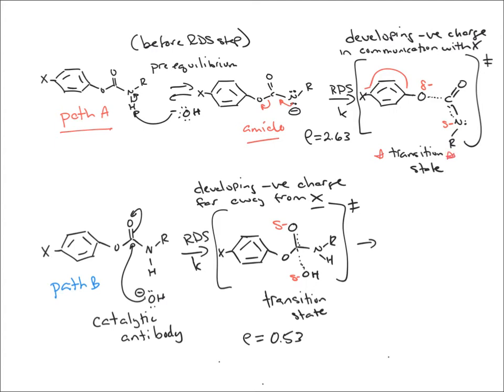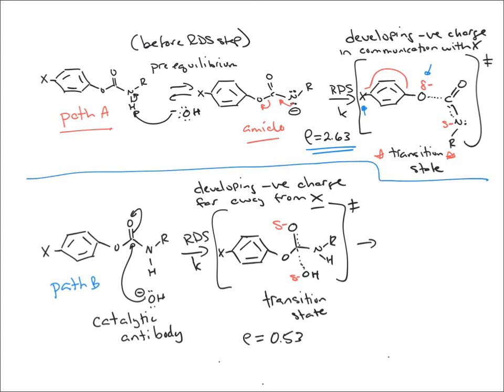And you can see that in this transition state structure, we start to develop negative charge on the oxygen to generate the phenolate. And so this negative charge development is in communication with our substituents, and this is consistent with the rho value, which is positive, of 2.63.